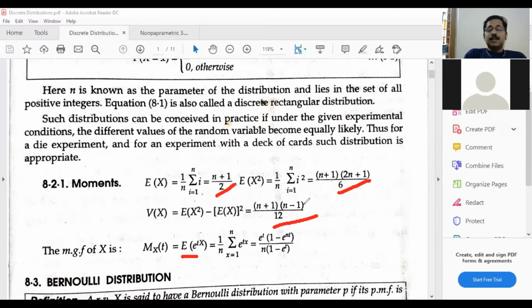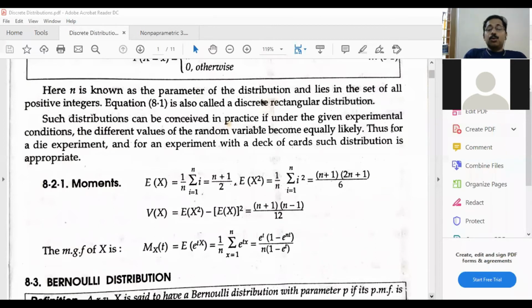Okay, that is its moment. That's about discrete uniform distribution, or discrete rectangular distribution.